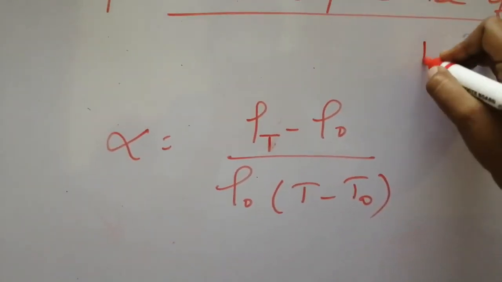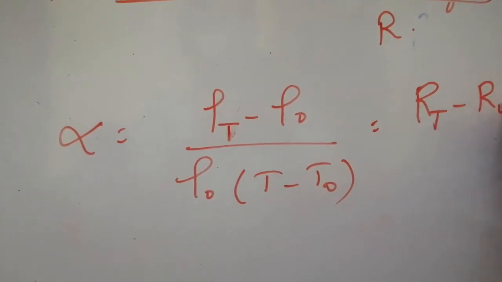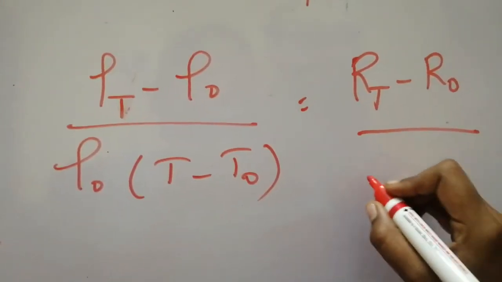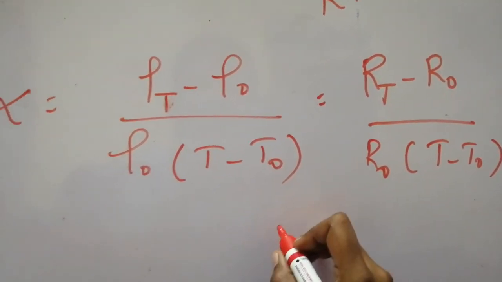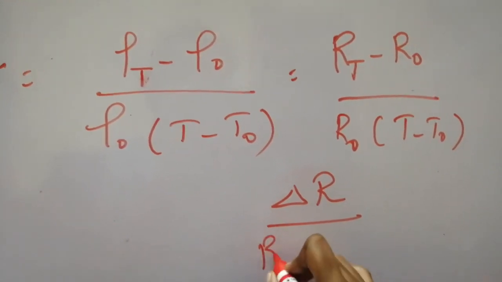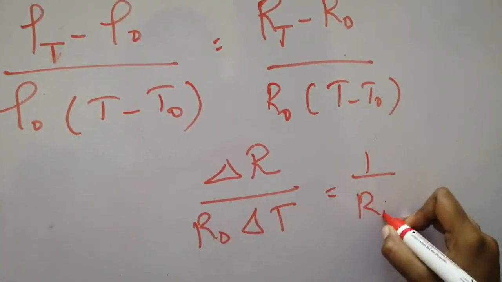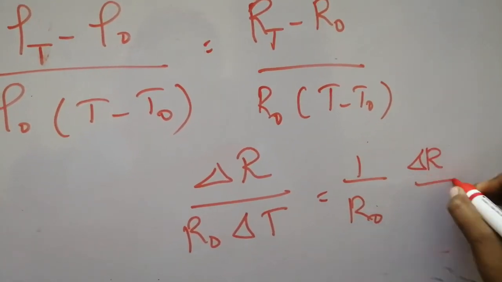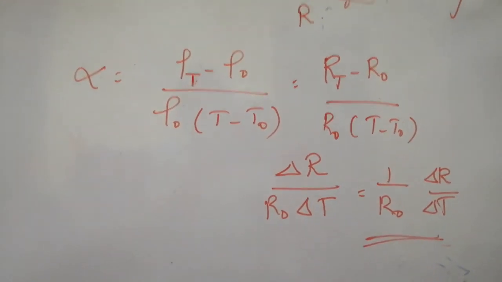For resistance the symbol is R. So this can be written as RT minus R naught divided by R naught into T minus T naught, which is simply change in the resistance divided by R naught into change in the temperature, or else 1 by R naught into change in resistance by change in temperature. This is with respect to the resistance value.